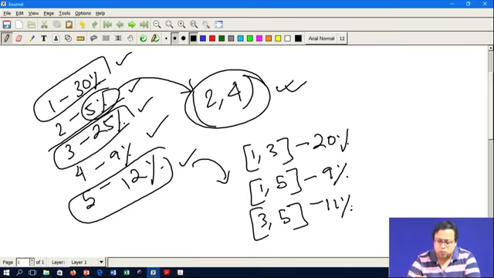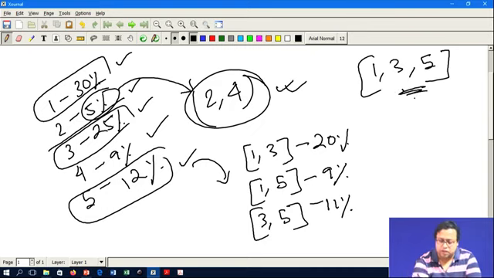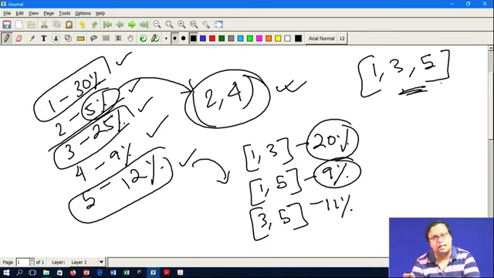Now, what is the probability that 1, 3, 5 happen together? One subset of this is 1 3, another subset is 1 5. 1 3 occurs 20%, 1 5 occurs 9%. So, this has to be lower than 9%, because out of those cases where 1 5 occurs, there are some cases where 3 also occurs. So, this has to be lower than 9%.